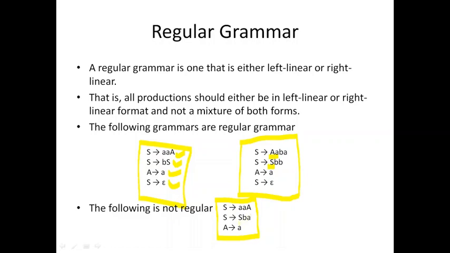But in the second production, S is appearing as the leftmost symbol, so it is in a form that is required for left linear grammar. As we have already said, either all the productions should be in left linear form or all in right linear form. So this is not a regular grammar.